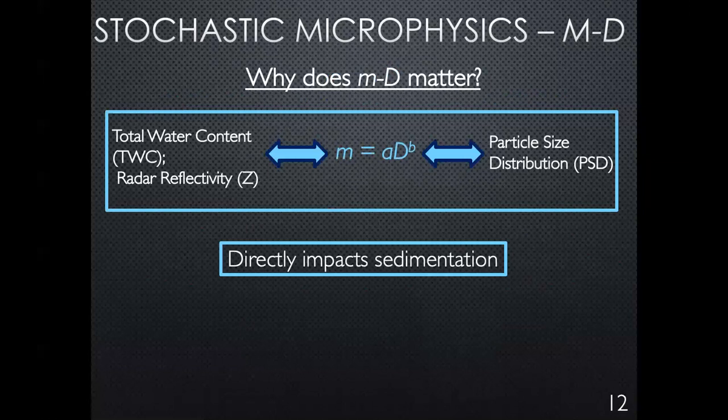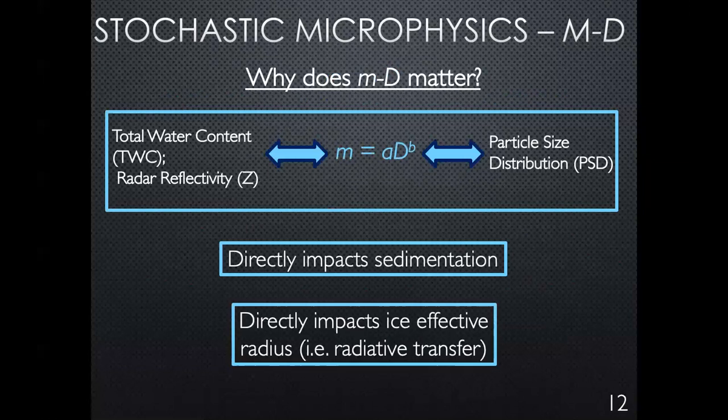So it's going to impact sedimentation, but sedimentation of a very specific type of ice. And it's going to impact the ice effective radius, which is the ratio of the third and second moments of the particle size distribution. Thus, it's expected and has been shown throughout the years to impact radiative transfer.